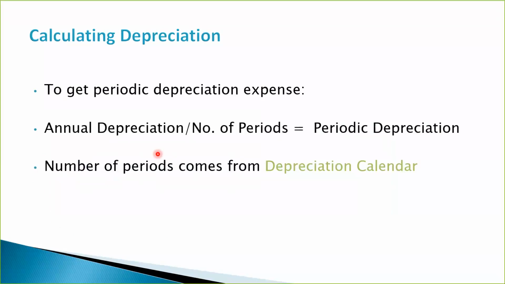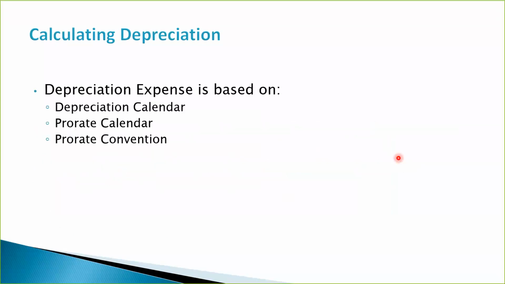And we said that Oracle obtains the number of periods from the depreciation calendar. But apart from the depreciation calendar, we also need the prorate calendar and convention to tell us when to start calculating depreciation for an asset, because an asset will be placed in service on various dates of the financial year.